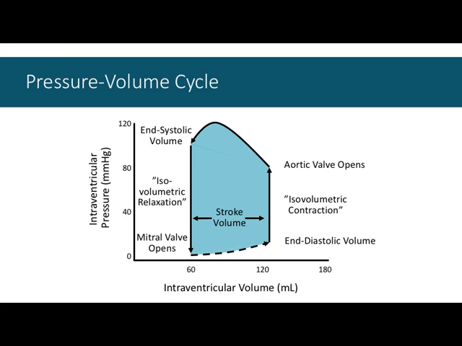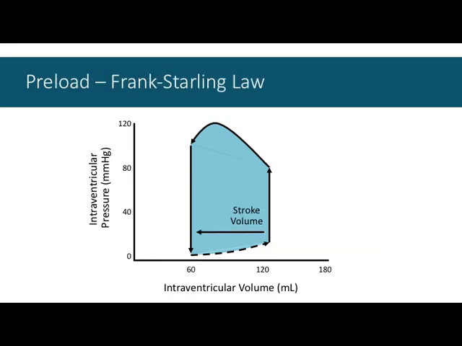The easiest to describe, I think, is preload. Adequate venous return. Preload, afterload, contractility. It's not an immediate one-to-one parallel of the factors on that last slide, but preload is one of the factors that allows us to modify cardiac output. It's also one of the factors that might account for a deficiency in cardiac output with congestive heart failure.